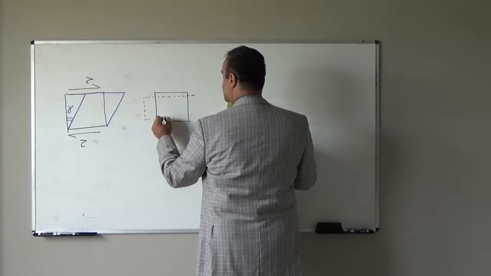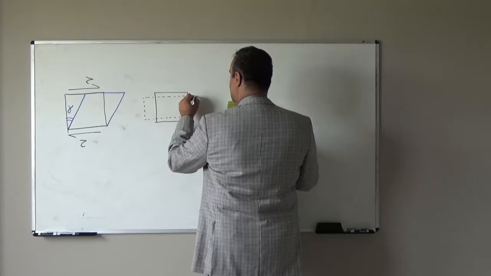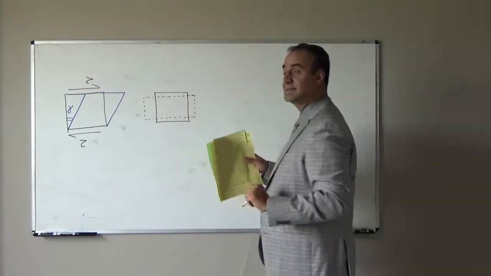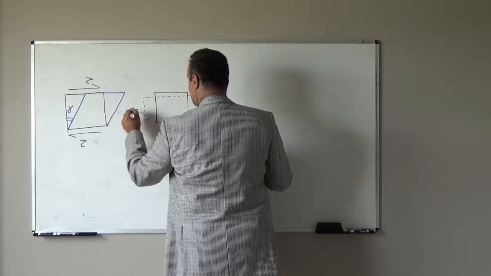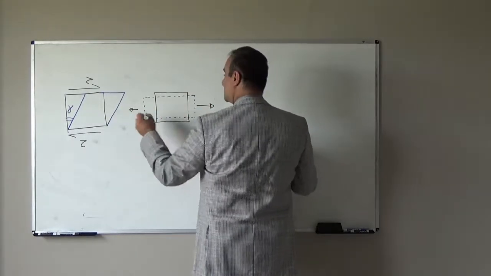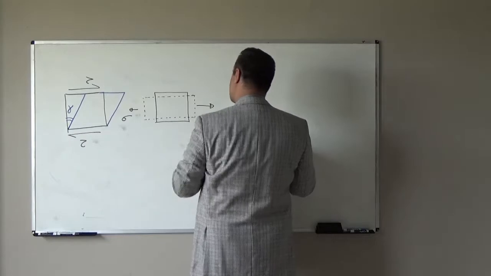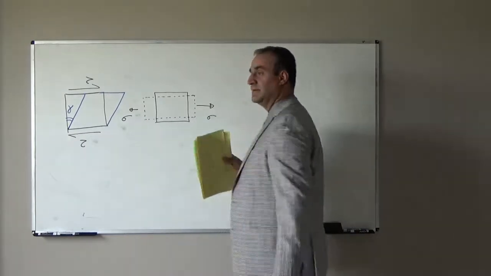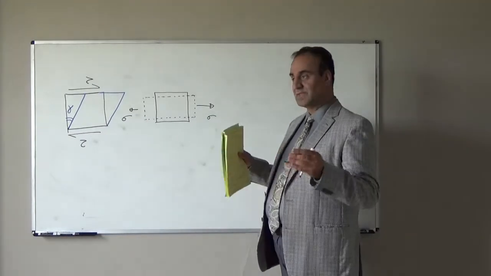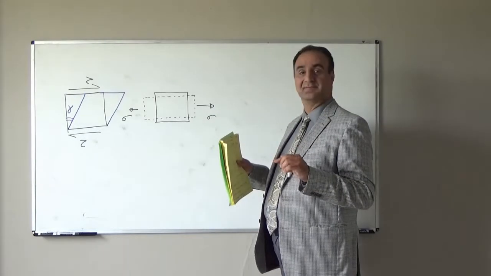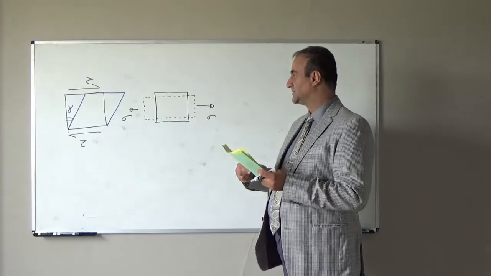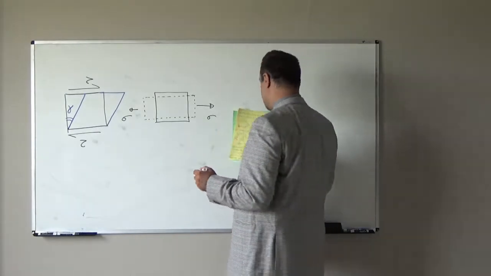In the lateral direction, it will get thinner. In the axial direction, if we have axial normal stress, it will elongate, it will get bigger, longer, and in the lateral direction, it will get thinner and smaller.